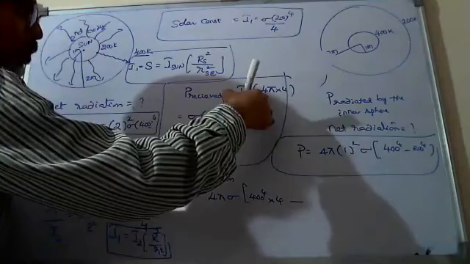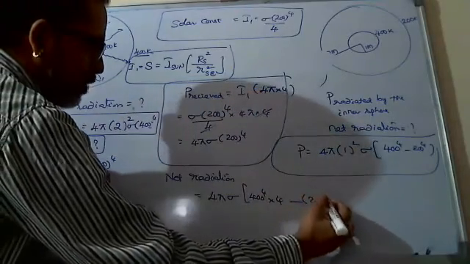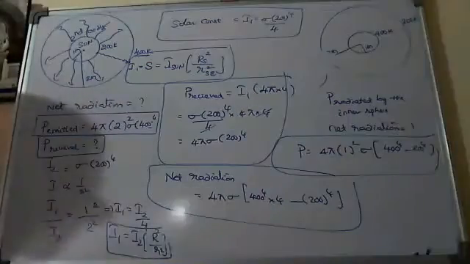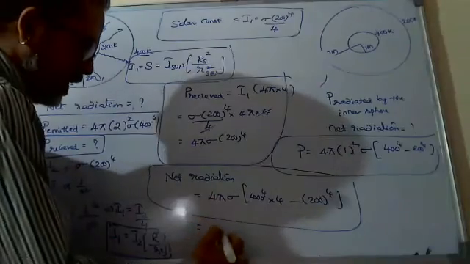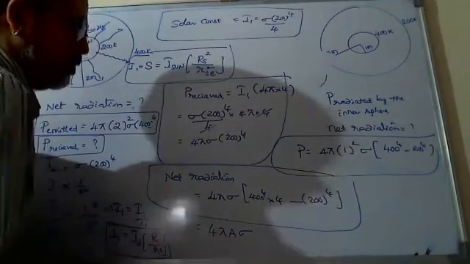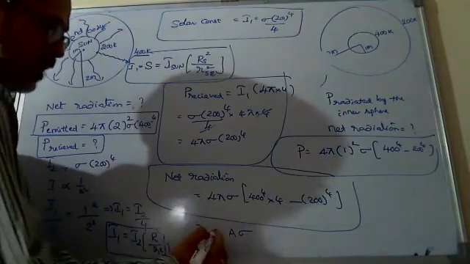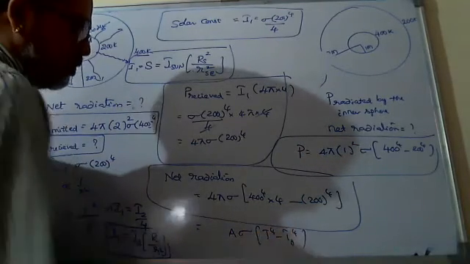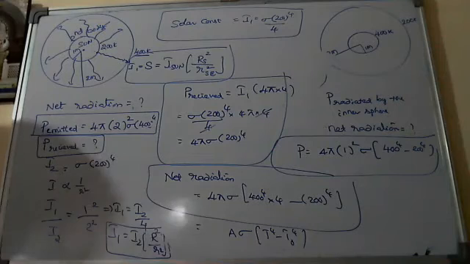This one. 4 pi sigma into, this is minus 200 power 4. This is the net radiation. Look at it, that is not appearing like 4 pi A into sigma. That is 4 pi means A sigma. Previously we took A sigma common and wrote it as T power 4 minus T naught power 4. But it does not appear like A sigma into T power 4 minus T naught power 4. You are getting a different answer.